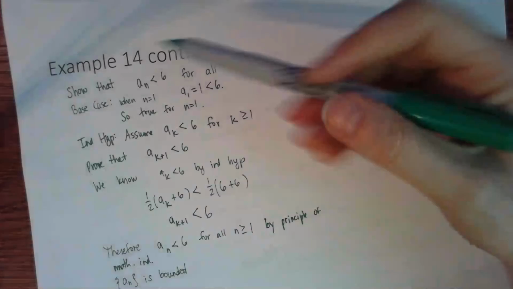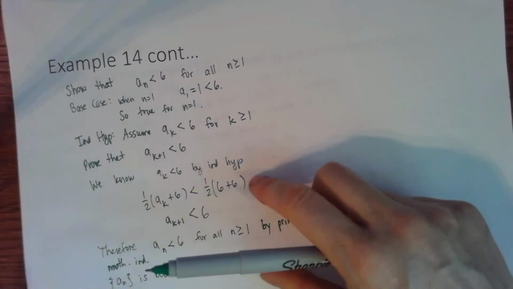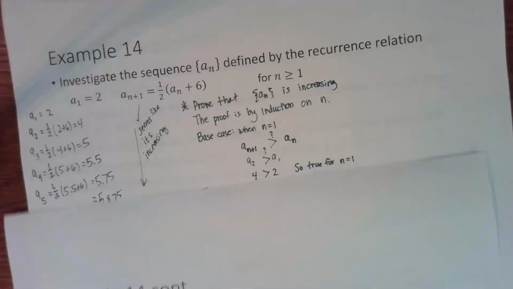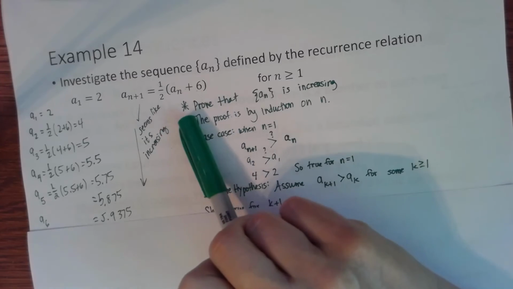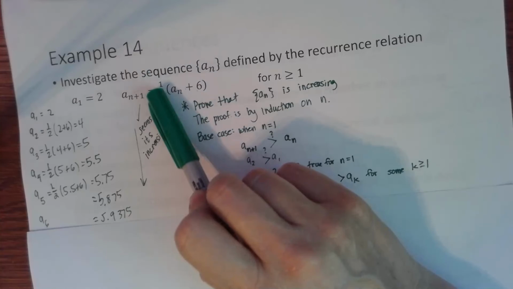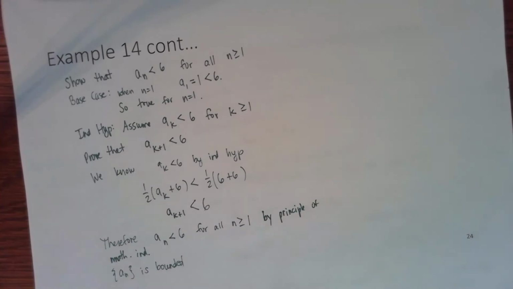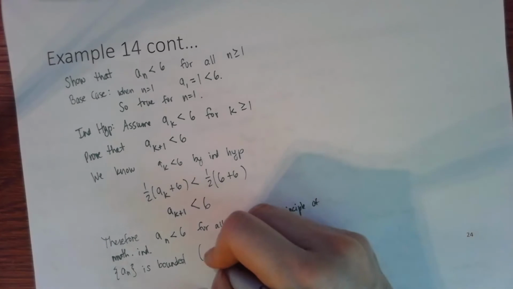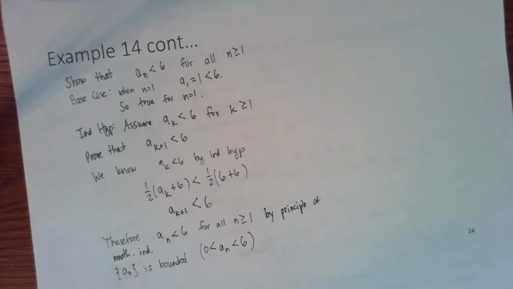It's less than 6, so it's bounded above, and clearly we're taking a positive number, adding a positive number, and multiplying by a positive number, so a sub n is always between 6 and 0. And so it's bounded.